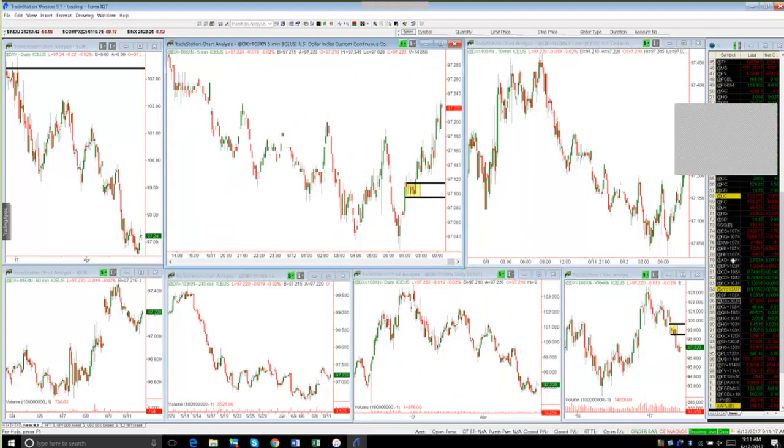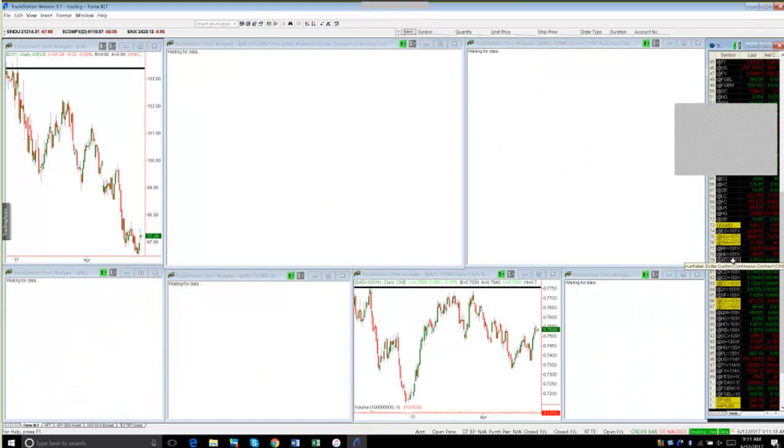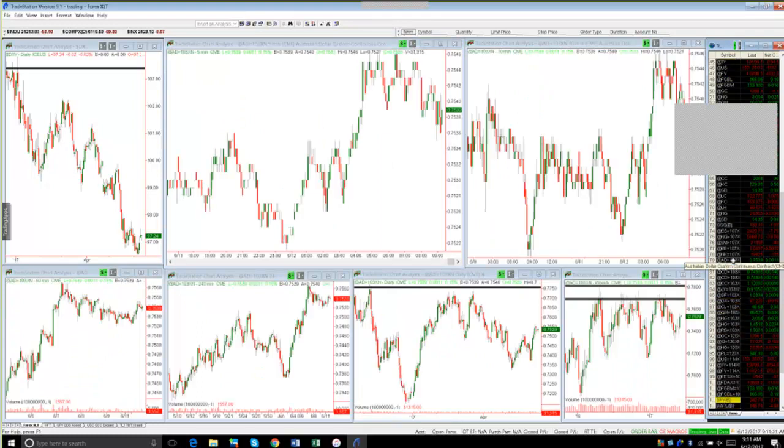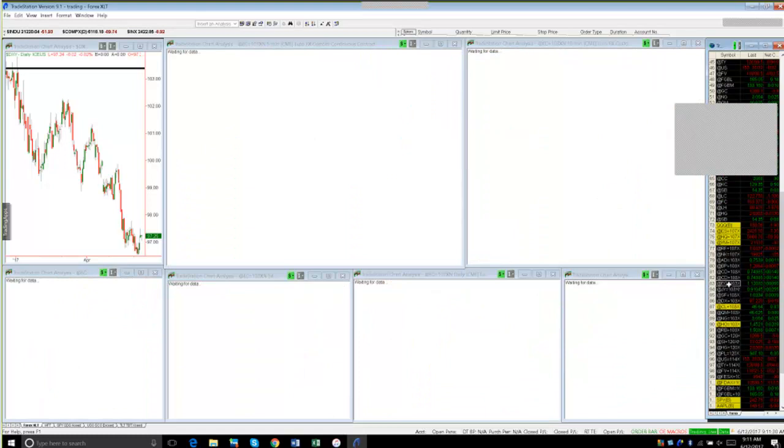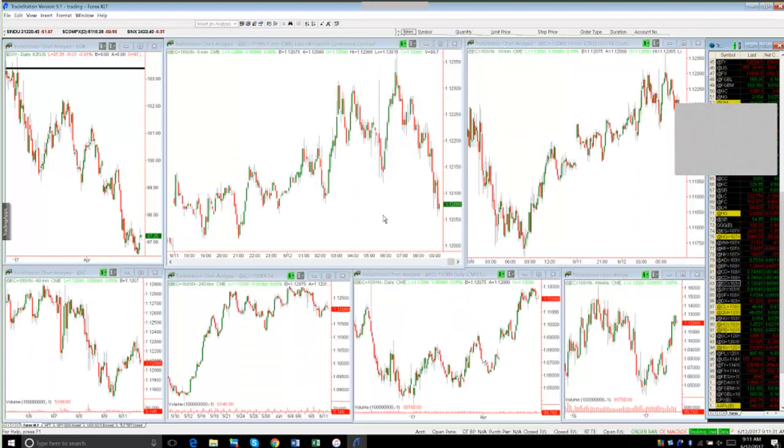When we start with major currencies against the dollar, we click through, and let's go to the euro first. That trade has already happened, but maybe there's another one here.